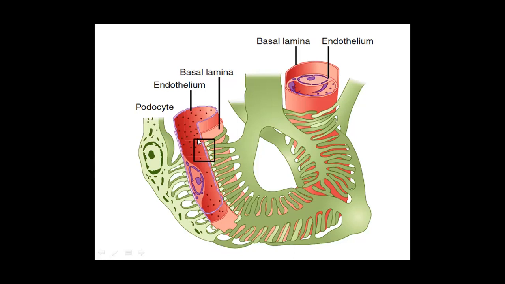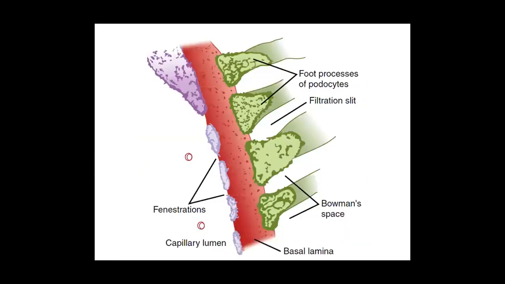Now, if we further magnify this portion, you can very clearly see that the only continuous layer is the basement membrane. On this side, there is the capillary endothelium with fenestrations or pores. On the other side, the Bowman's capsule epithelium with foot processes.